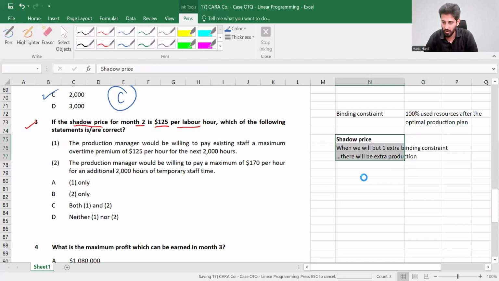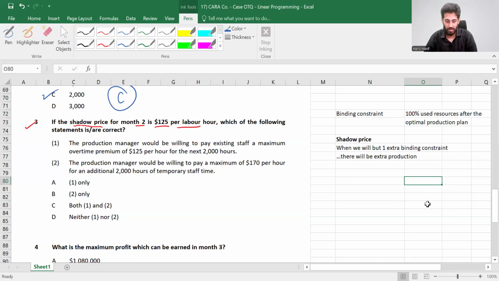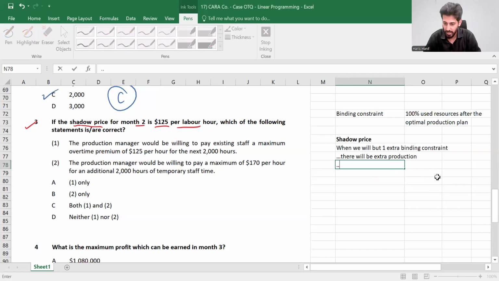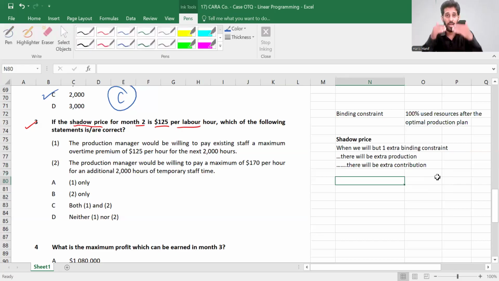So this is basically called the binding constraint. So when we purchase one extra binding constraint, there will be extra production, and then there will be extra contribution. Now, from the optimal contribution and the extra contribution, the difference, the increase in contribution is called the shadow price.